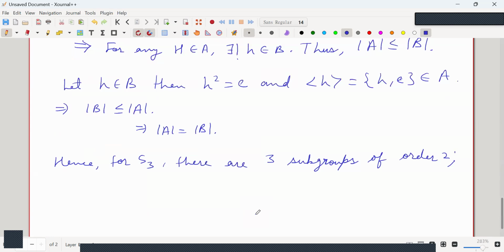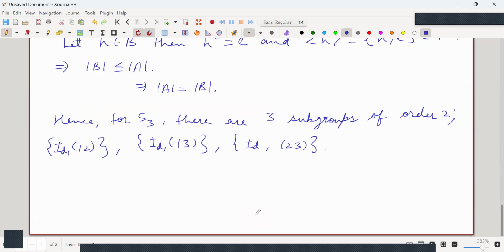What are these? Identity, as pointed out by Pranjana, identity and (1 2), identity and (1 3), and what is the next one? Should write identity like this. Third one is identity and (2 3). Okay.